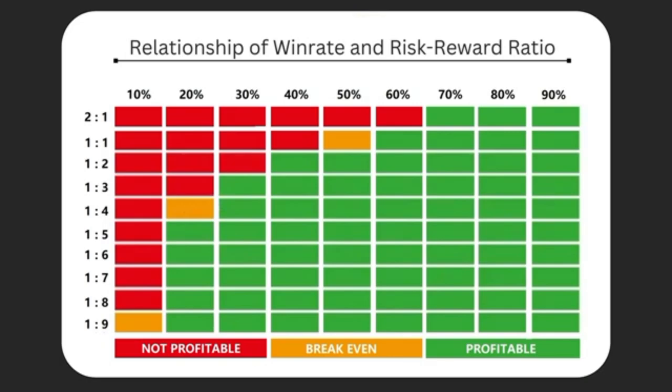It means that if I have a 1 to 3 risk to reward ratio, even if I take 100 trades and I lose 70 trades out of those 100 trades, I'll still be profitable at the end of that set of data. I would have to only win 30 trades out of 100 trades to be profitable, right?